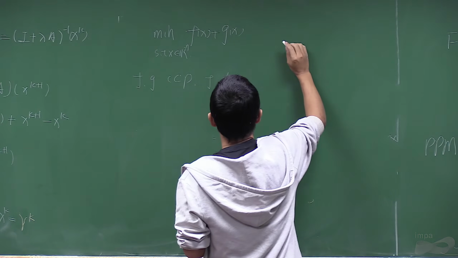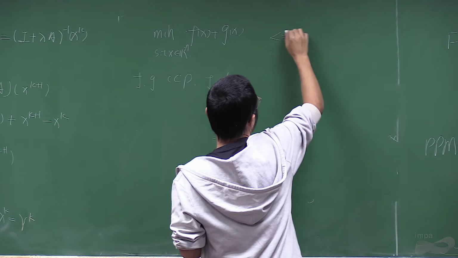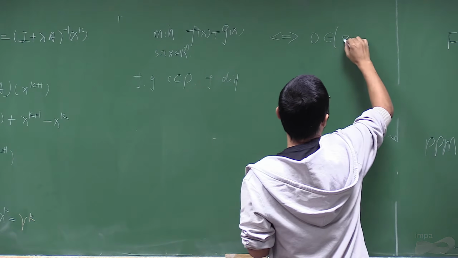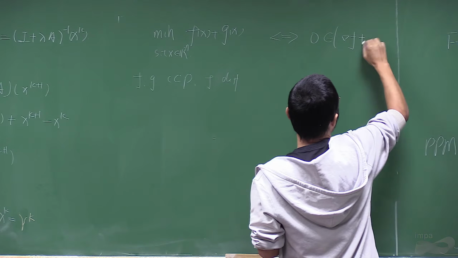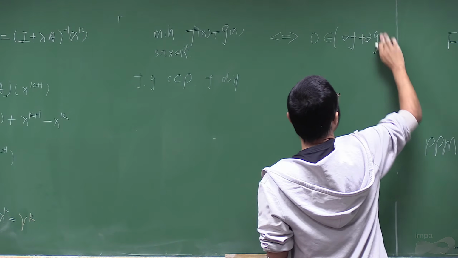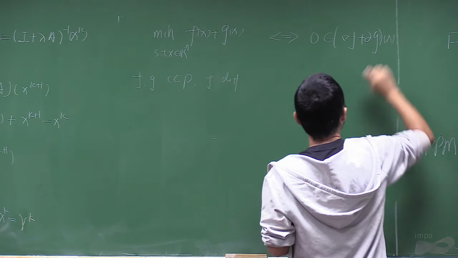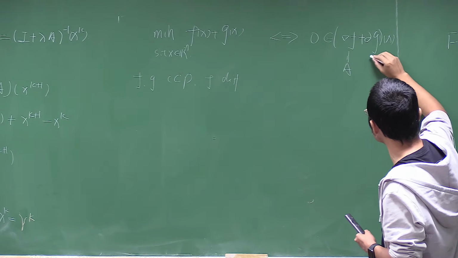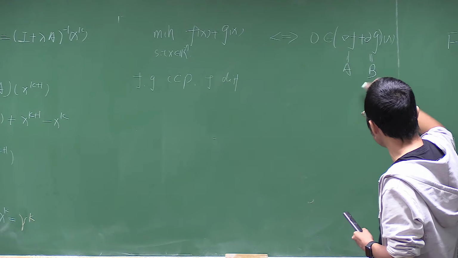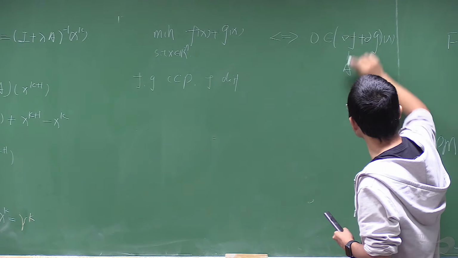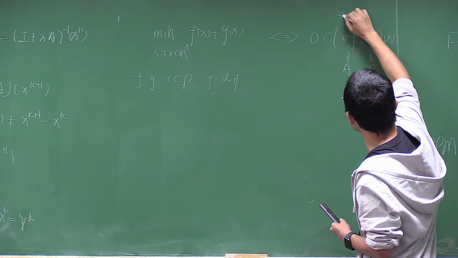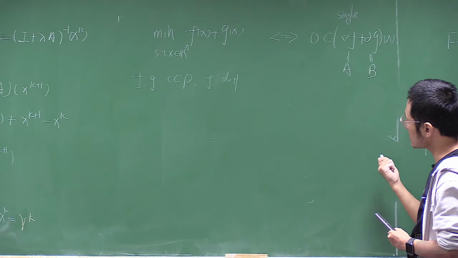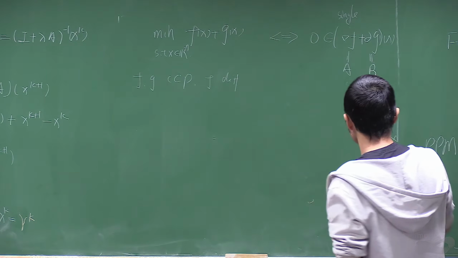Then it is equivalent to solve: find x such that 0 belongs to the gradient of f plus the subgradient of g. We regard the gradient of f as operator A and the subgradient of g as operator B, and A is single valued. So we can use the forward-backward iteration.